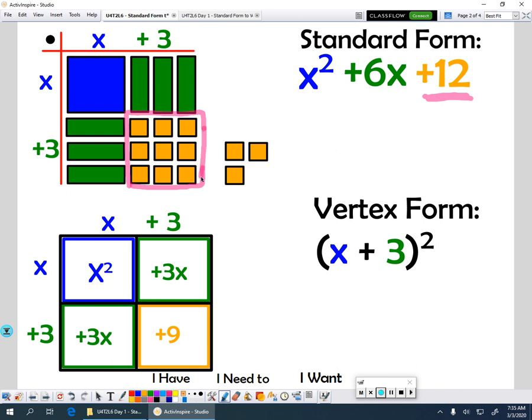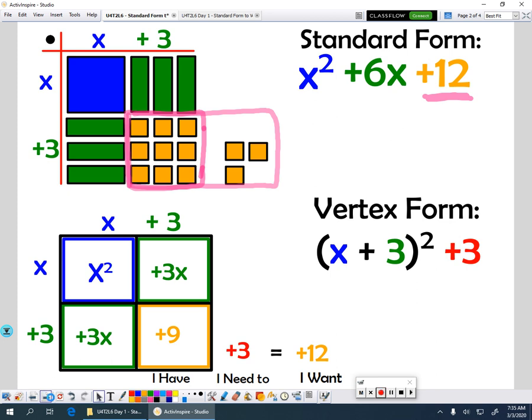But then I have to think about, okay, I have 9, but what I really want in my problem is 12. So what I need to do is figure out what I need to do to go from the 9 that I have to the 12 that I want. And what I have to do is add these 3. So if I have these 9 plus these 3 over here, that will give me my 12. Well, in my vertex form, I just need to add those extra 3 to the end of it.